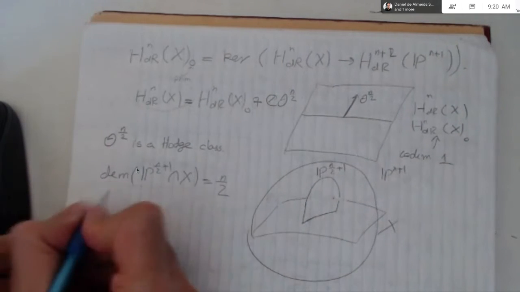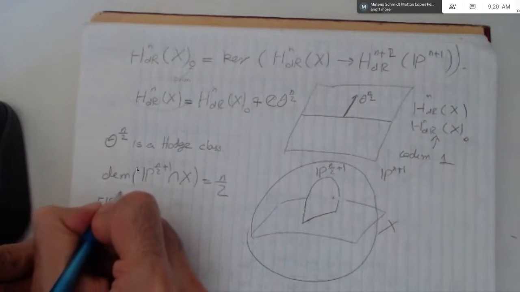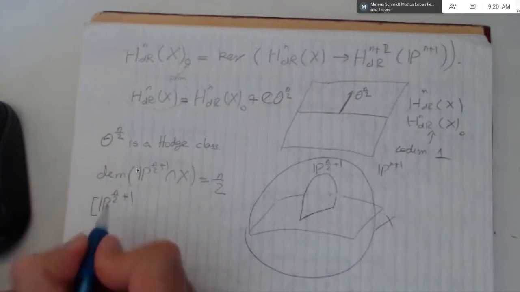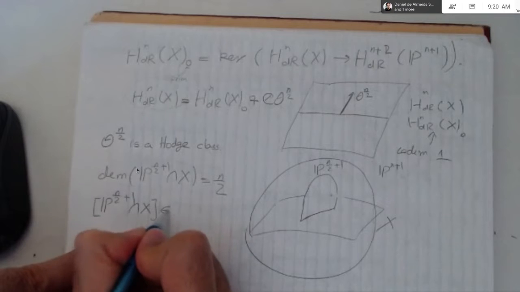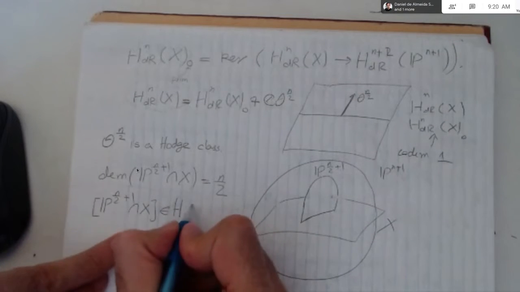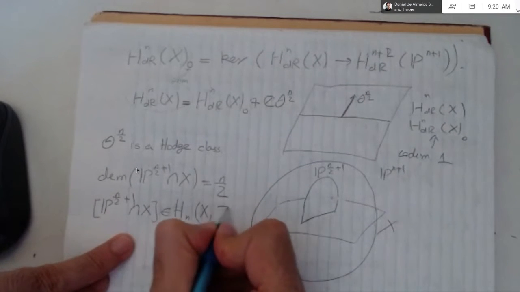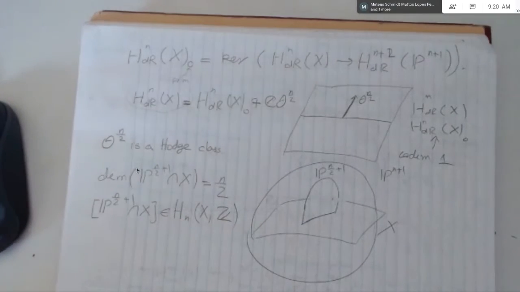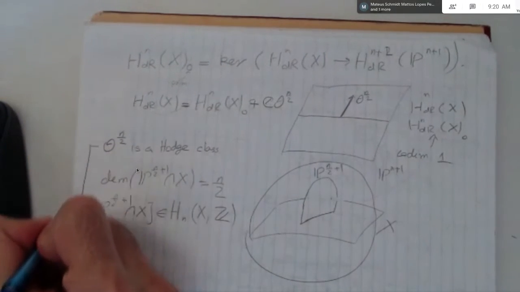And this cycle will give you an element in the homology, and these are Poincare dual.